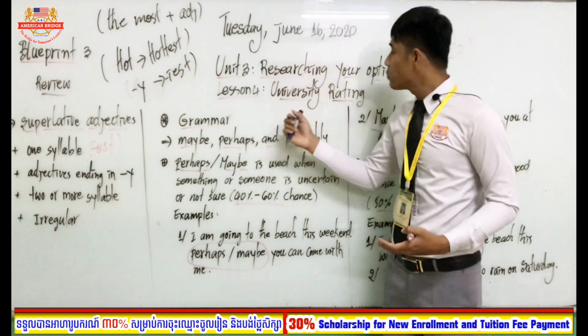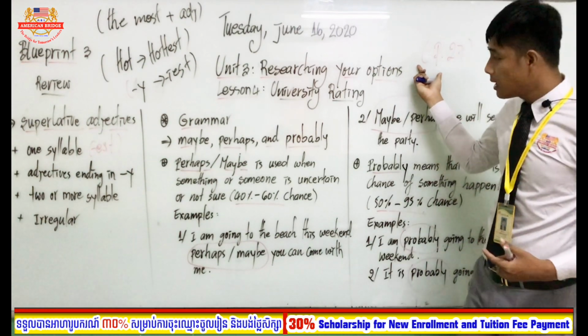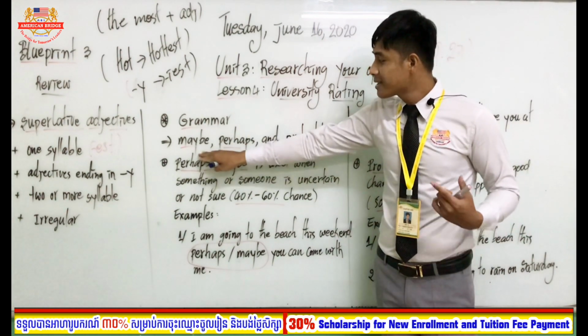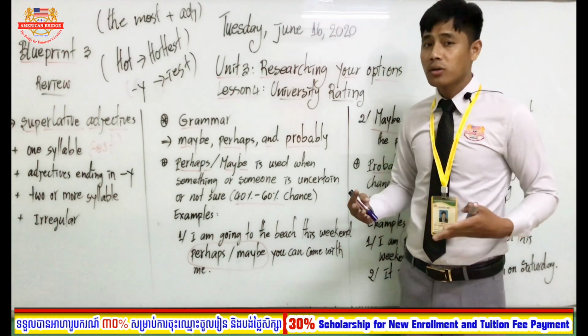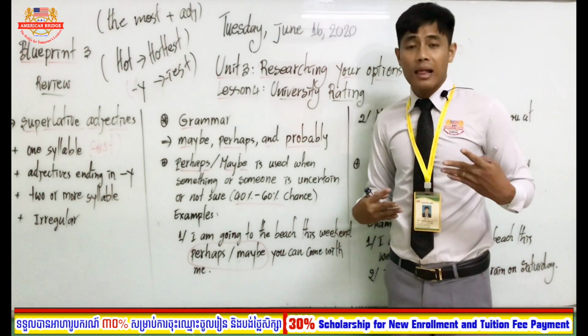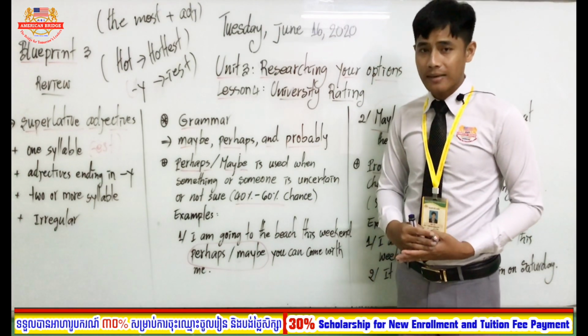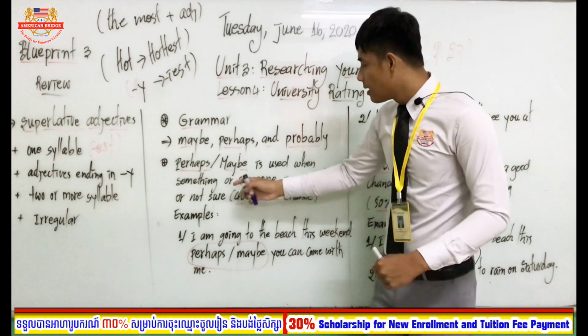Make sure you are on page 27, part C, grammar section. We are going to study maybe, perhaps, and probably. How do we use perhaps, maybe, and probably in sentences? In this video I have the answer, so please stick around.